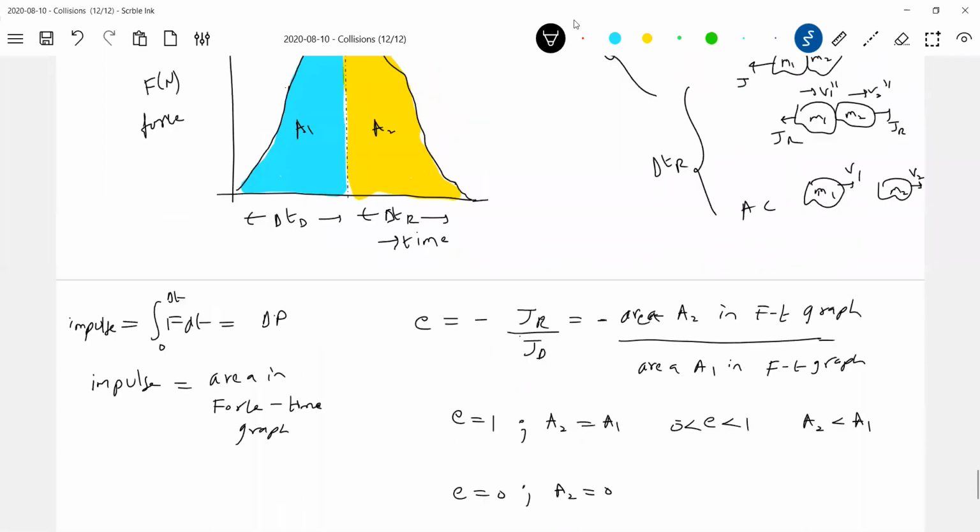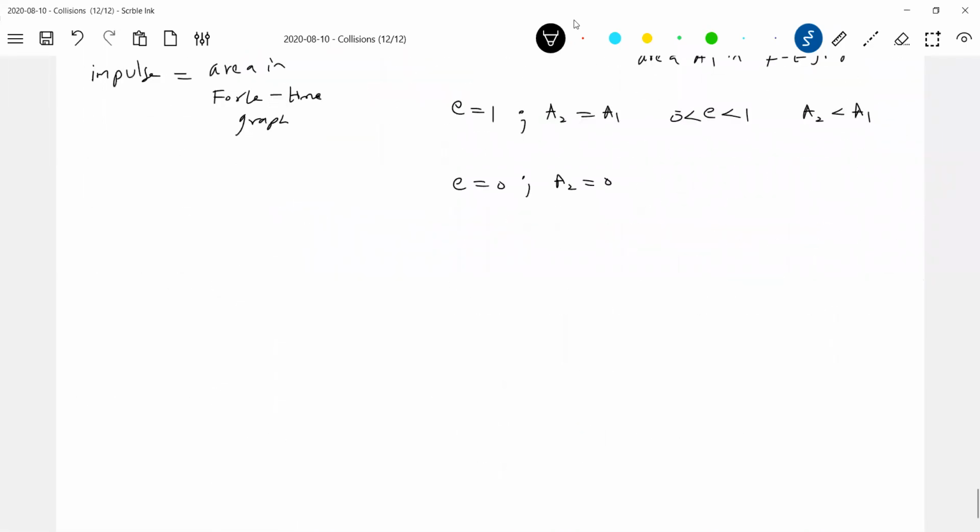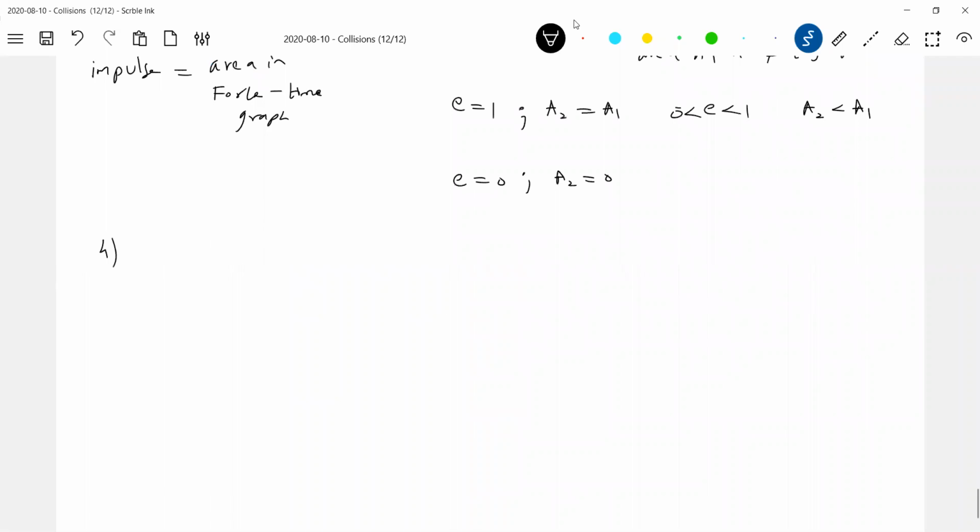Okay, now we have three types of collision. I'll introduce a fourth type of collision where e will be greater than 1. In books they don't suggest it, but it can happen. E greater than 1 means that during collision, energy is released and that energy is taken by the objects.